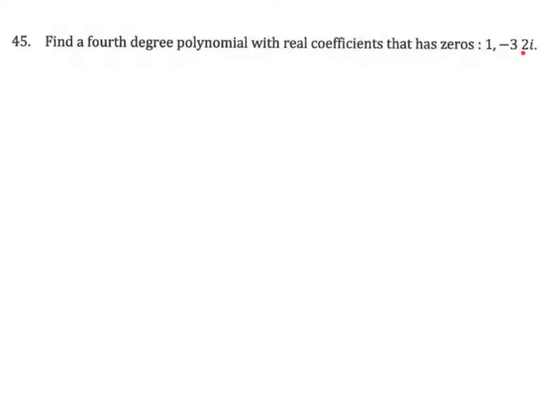And so just know, there should be a comma here. So just know if the polynomial has real coefficients, then if you have an imaginary root or imaginary 0, then the conjugate has to be a 0 also.